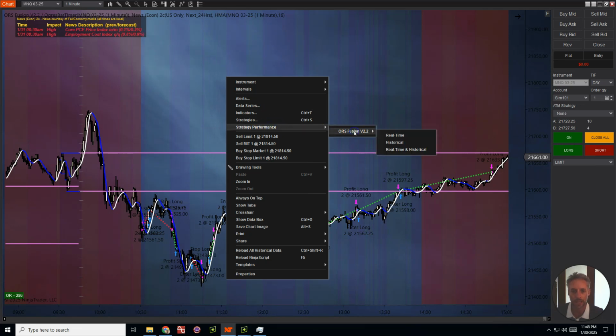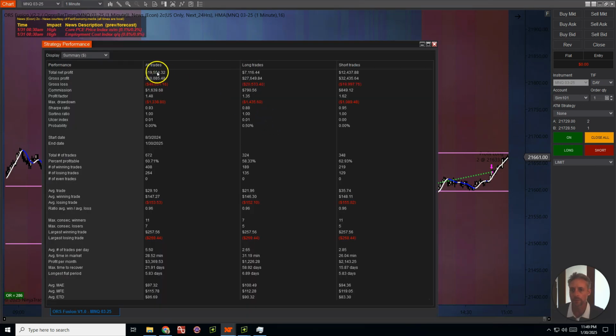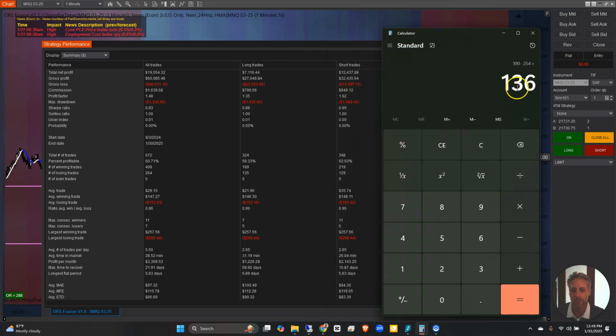I remember the last drawdown was about 1250, I believe. So now we've increased our winnings by about $1,000, and our drawdown only increased by about $100. Our net wins before was 136, but the main thing to look out for is this drawdown here. Our consecutive losers did increase from 6 to 7.